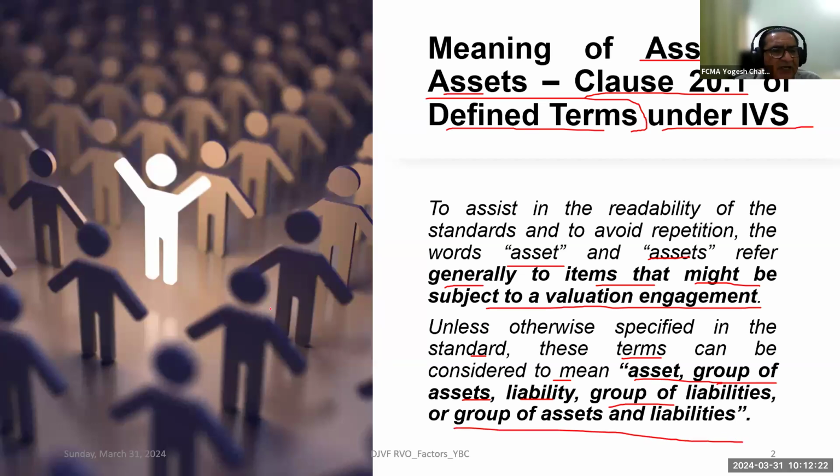What I am trying to highlight is that even liabilities or a group of liabilities are covered within the meaning of asset when we are going by valuation. Even an entire business or business interest will be within the purview of asset as per the meaning provided under clause 20.1.